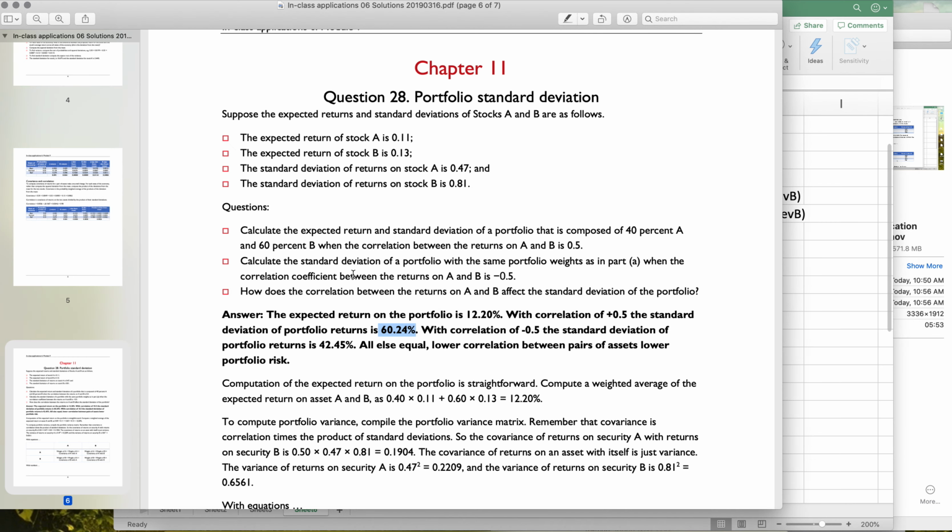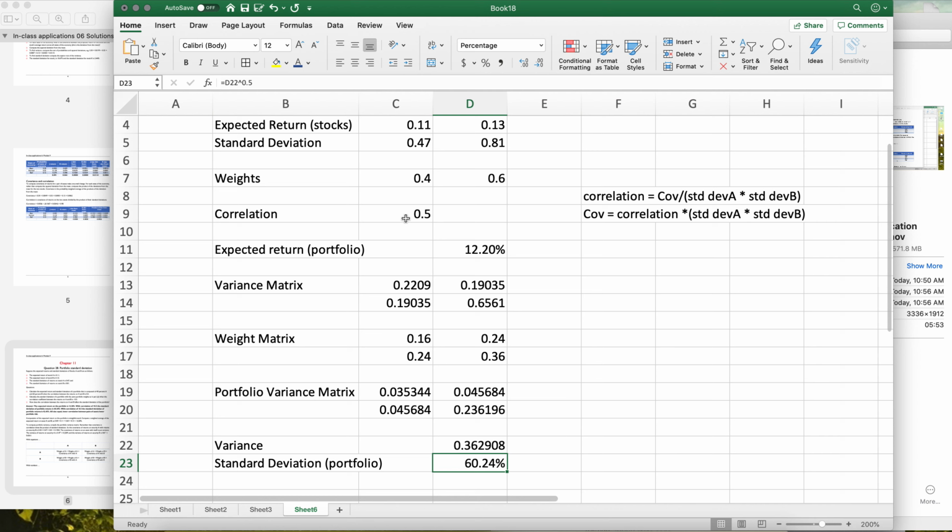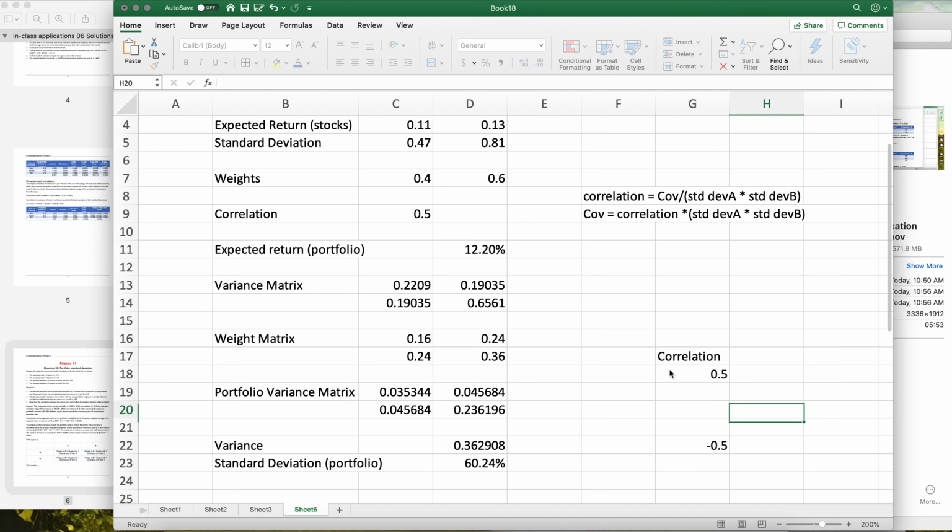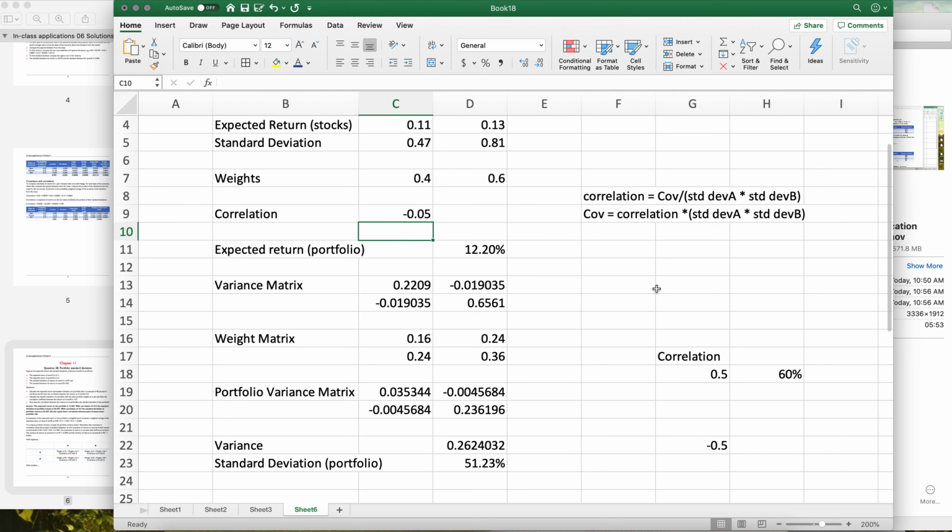Okay, the next part of the question says calculate the standard deviation if the correlation coefficient is negative 0.5, and then it asks how does the correlation affect the standard deviation of the portfolio? Okay, so let's just do a chart over here. Correlation 0.5. I'm going to go down and do negative 0.5. When it's 0.5, it's 60%. Let's make it a negative. Negative 0.5.